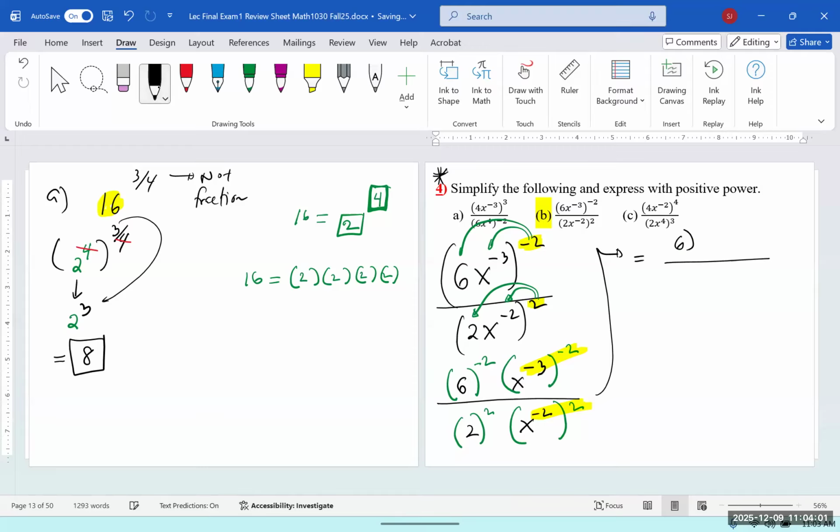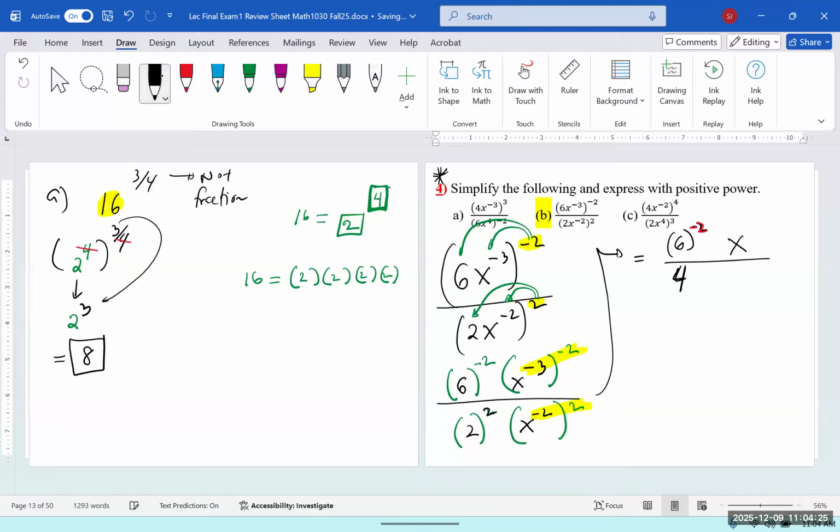Every negative power, do not change anything; keep the negative powers and the positive powers. If you want, you can apply that. So 2 squared is 4, we can apply this. But 6 to the negative 2, do not touch that because it has a negative power. Negative powers are dangerous, so do not touch negative powers.